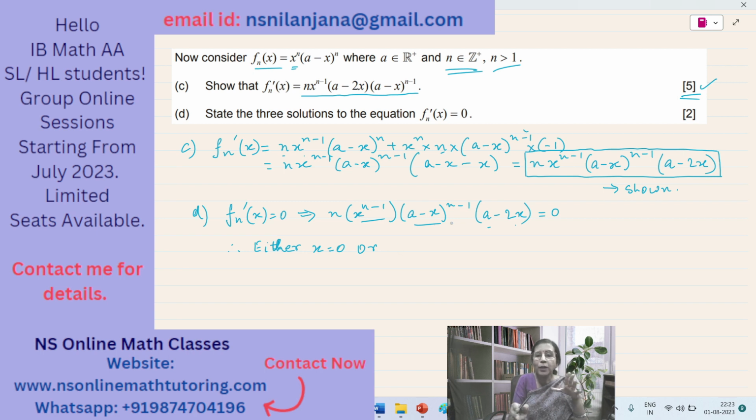So a minus x should be equal to 0, or x equal to a, or a minus 2x equal to 0. So a minus 2x equal to 0 means a equal to 2x, or x equal to a over 2.